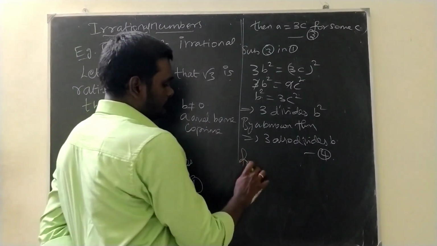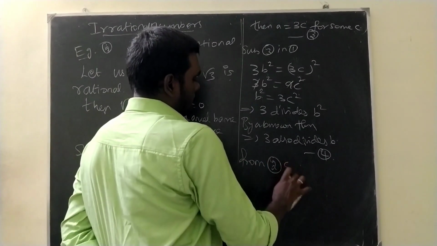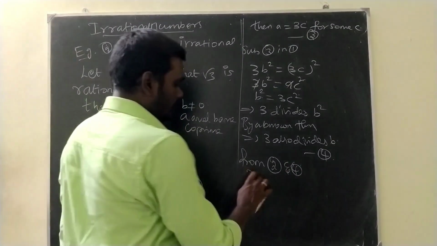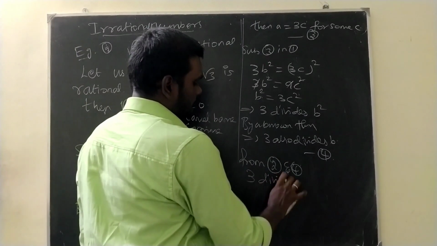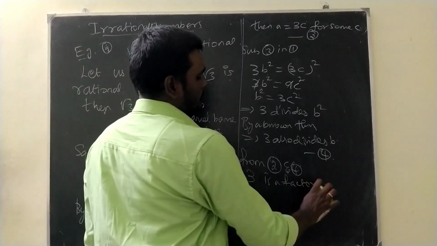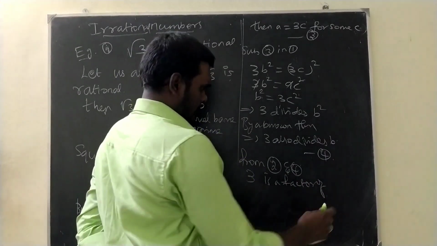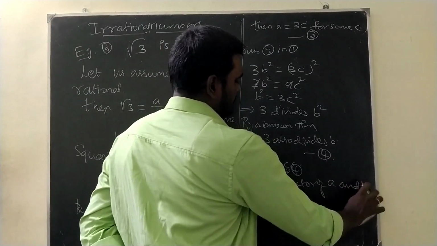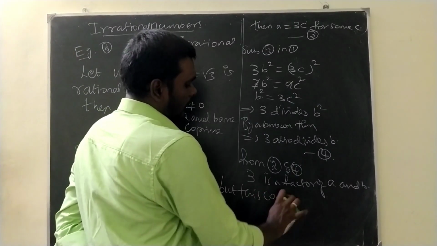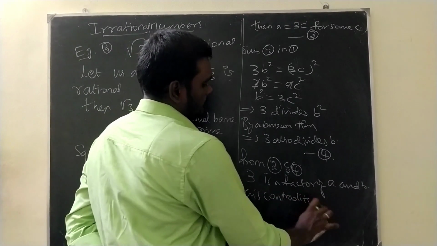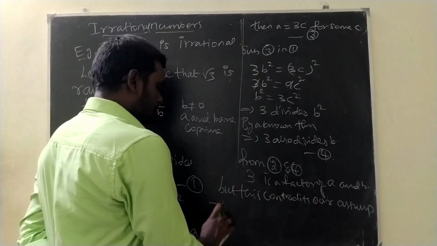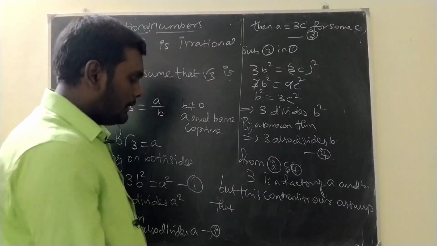From 2 and 4, we can say 3 is a factor of a and b, but this contradicts our assumption that a and b are co-prime.